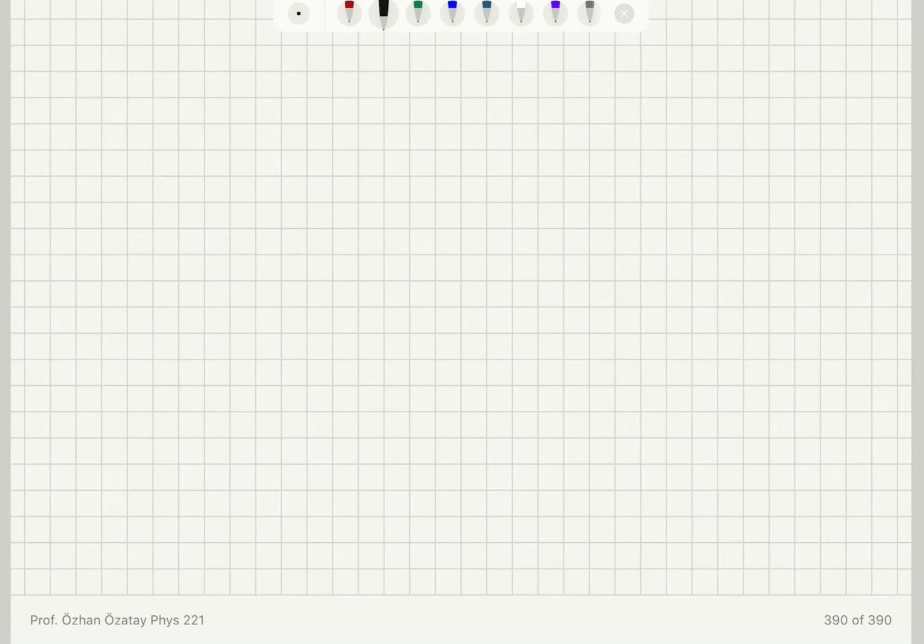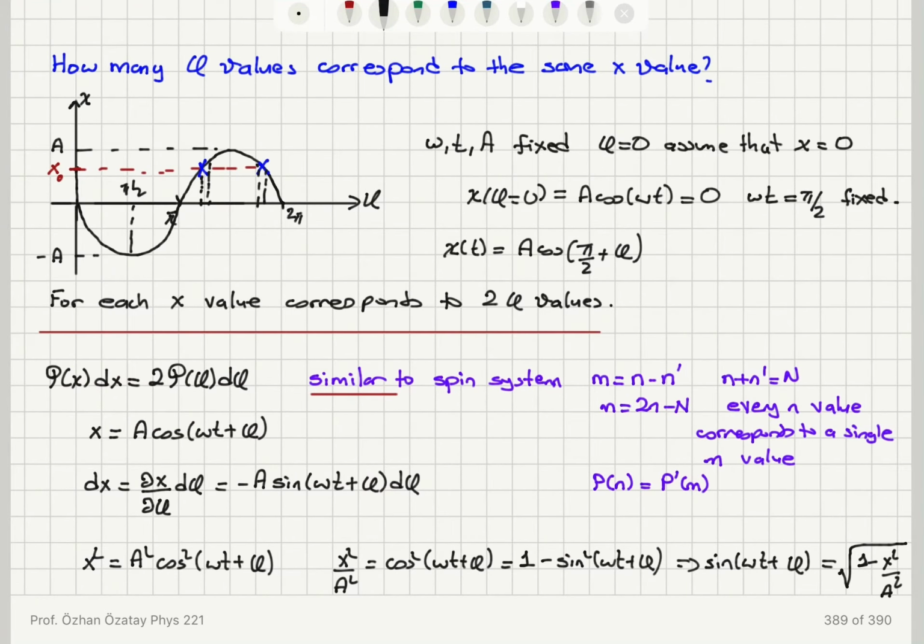Okay, so sine of omega t plus phi is going to be, here this can be plus or minus, by the way, as you can see here.